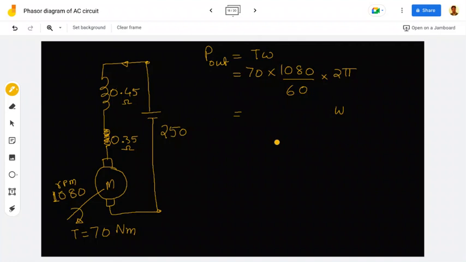Still no answer. 70 into 1080 into 2 into pi. So I'm getting 7927. Is that correct?